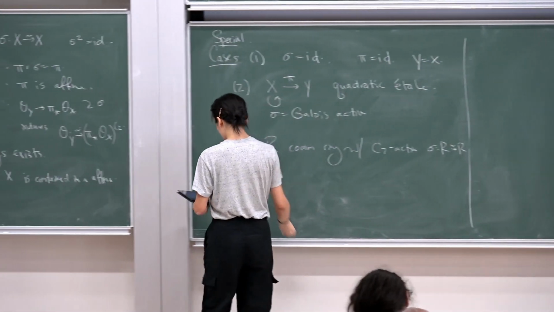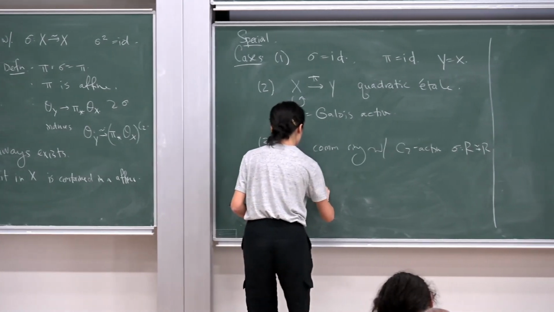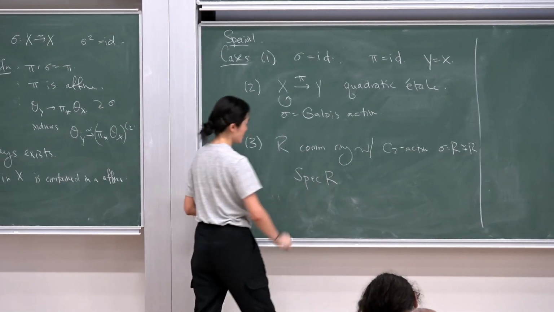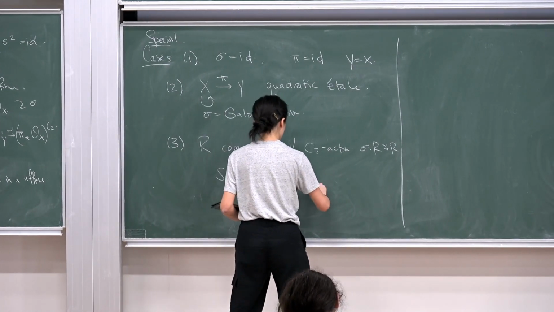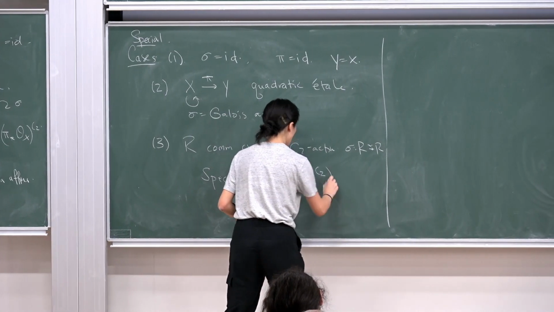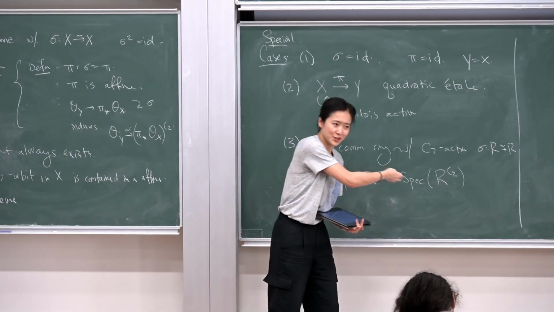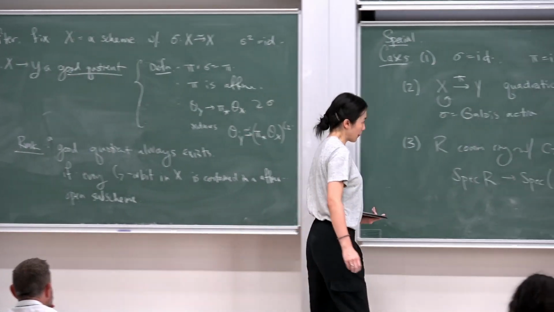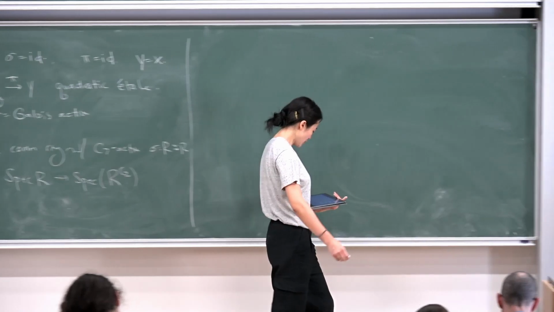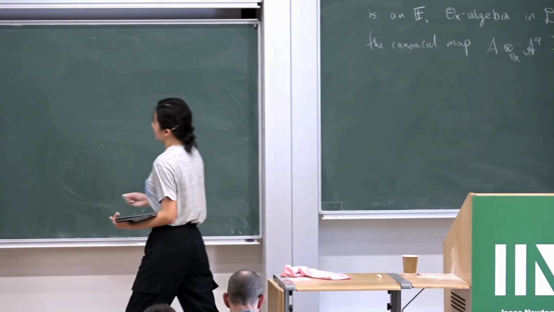Then I can consider Spec of R with that same action. And that maps to Spec of the strict fixed points, not the homotopy fixed points, but the honest to goodness fixed points. And this is an example of a good quotient map.